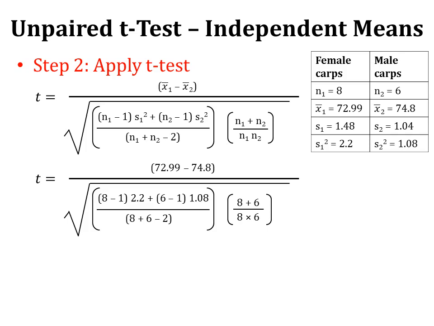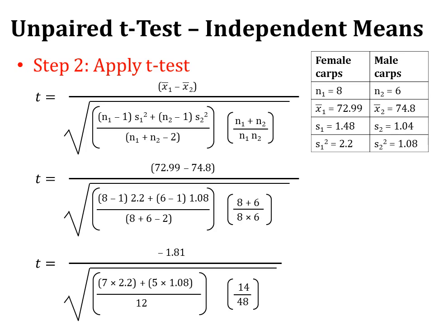And then we have 8 plus 6 minus 2, where 8 is the number of observations in the first group and 6 in the other group. In the next factor, we have 8 plus 6, the number of observations in both groups, divided by 8 multiplied by 6. So this is how we input the observations into the formula for the t-test.